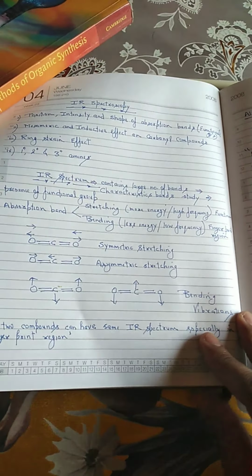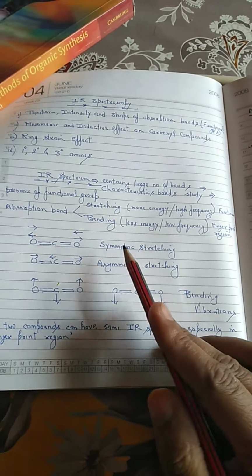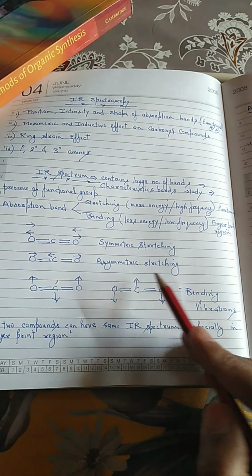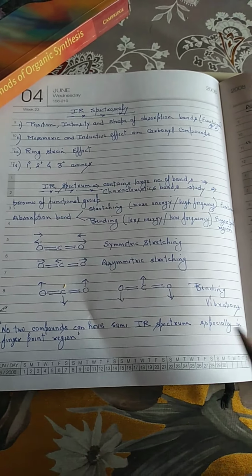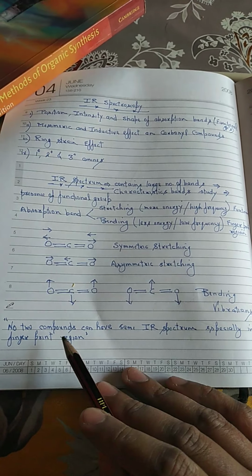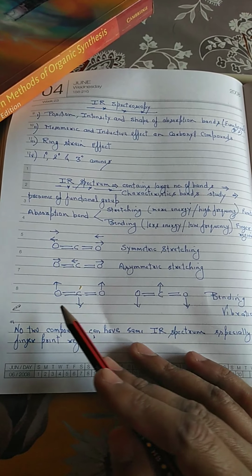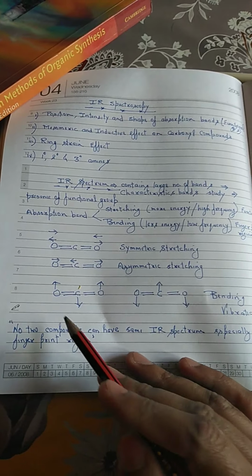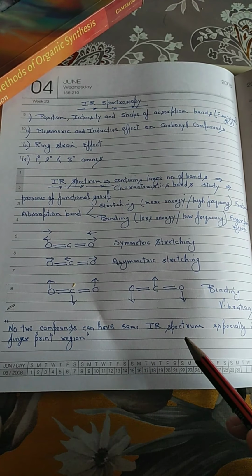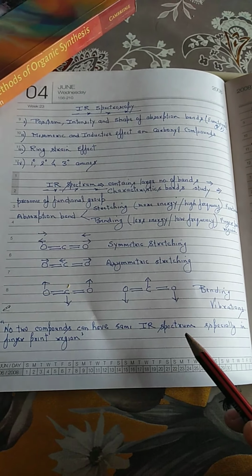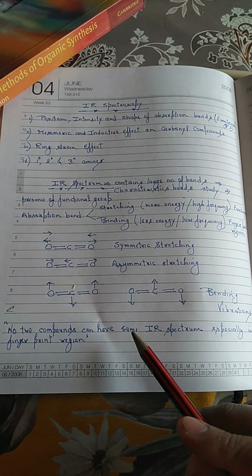Here we show some examples of symmetric stretching and asymmetric stretching as well as bending vibrations. There is one point to be remembered. No two compounds can have the same IR spectrum in the fingerprint region.